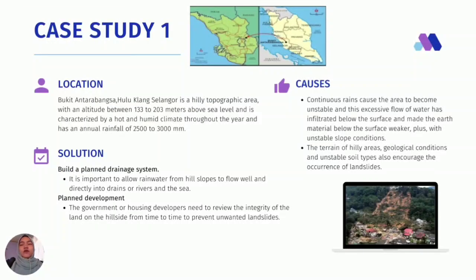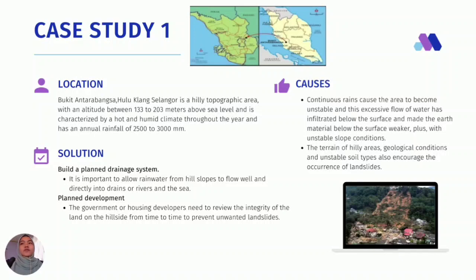The first location of our case study was Bukit Antarabangsa Hulu Klang, Selangor, a hilly topography area with an altitude between 133 to 203 meters above sea level, characterized by a hot and humid climate throughout the year and an annual rainfall of 2,500 to 3,000 mm.